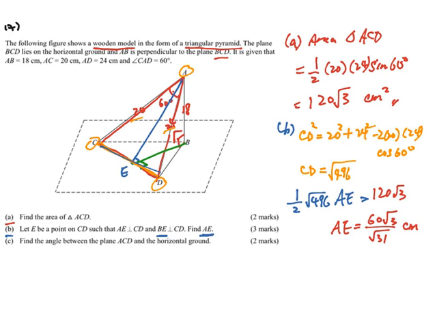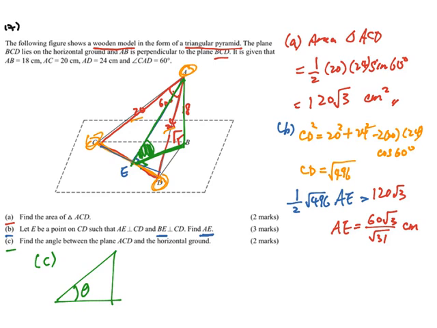For part C, we need to find the angle between the plane ACD, that means this one again, and the horizontal ground. So we need to find this angle, this plane with the base. For this angle, we can consider this triangle. This one is a right angle triangle. So for part C, we need to find this angle.